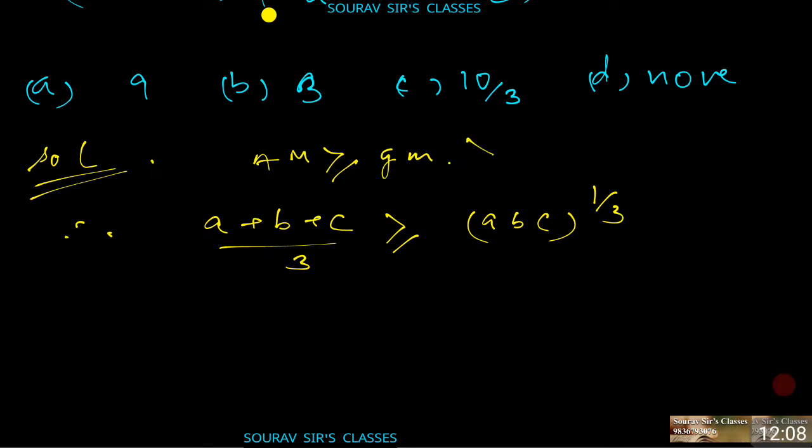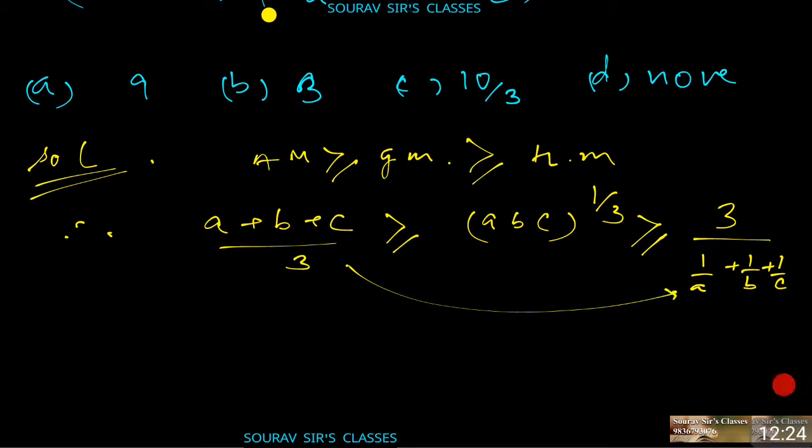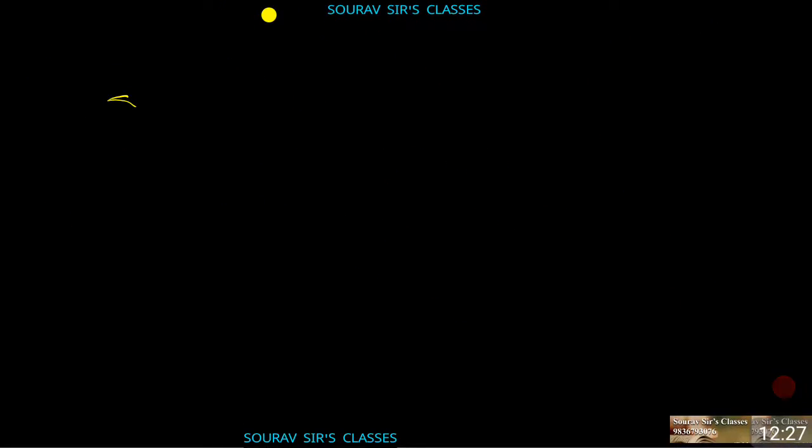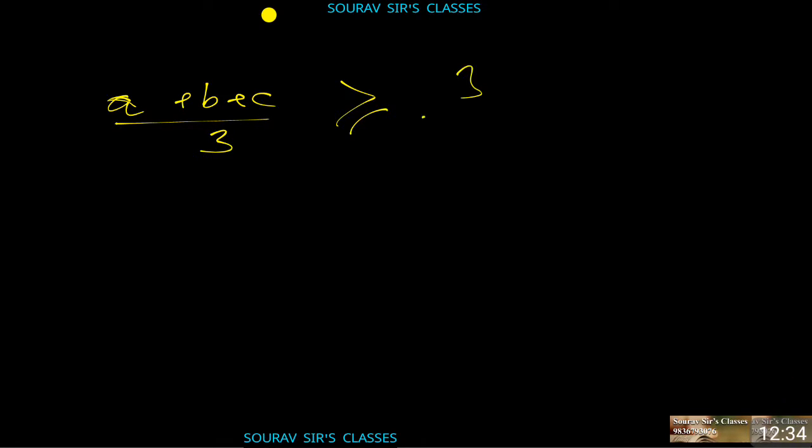We further know that GM is also greater than HM. Hence, this will be further greater than 3/(1/a + 1/b + 1/c). Now, removing the GM, we take only these two, and hence we get (a+b+c)/3 is greater than or equal to 3/(1/a + 1/b + 1/c).